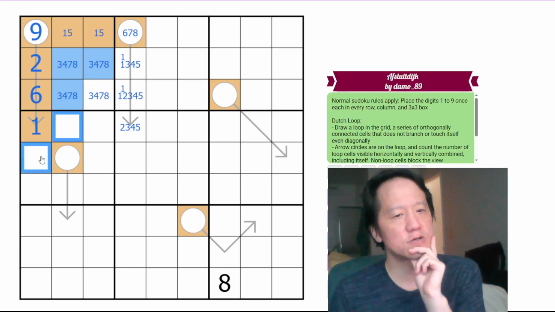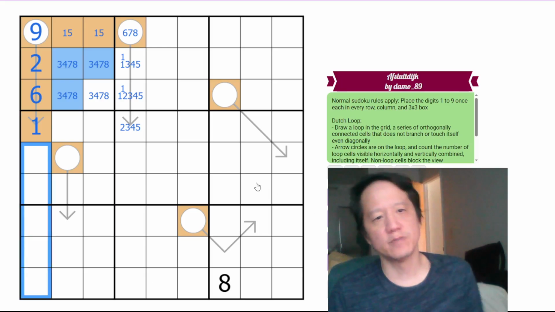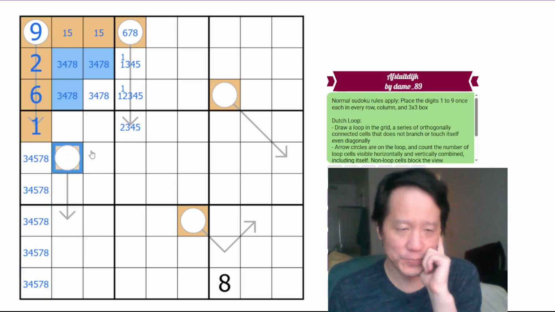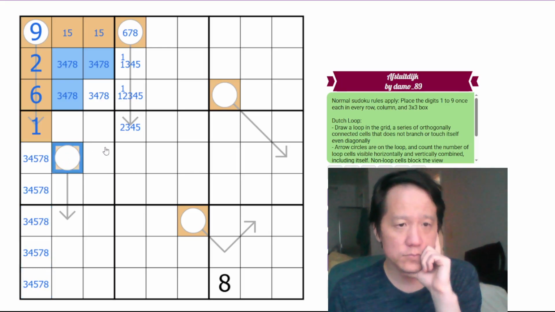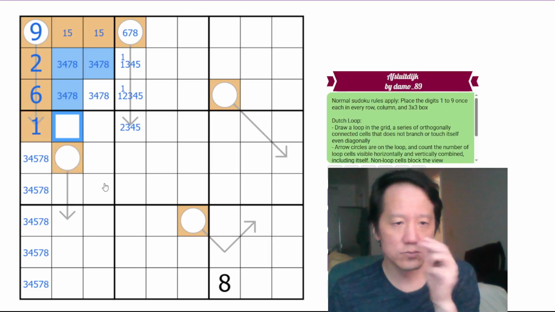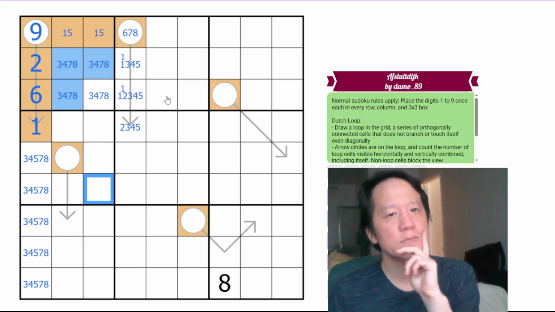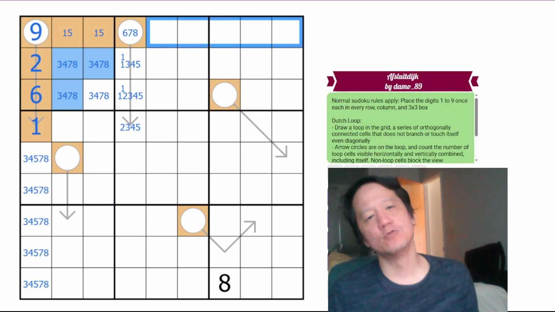Could connect here to here. Remaining digits in column 1 are 3, 4, 5, 7, 8, right? Remaining digits in row 1 are 2, 3, 4, 6, 7, 8.